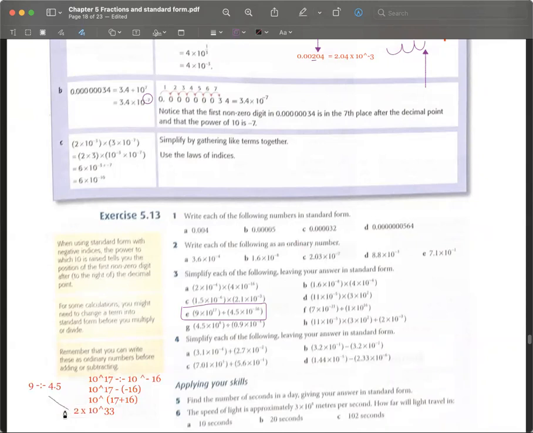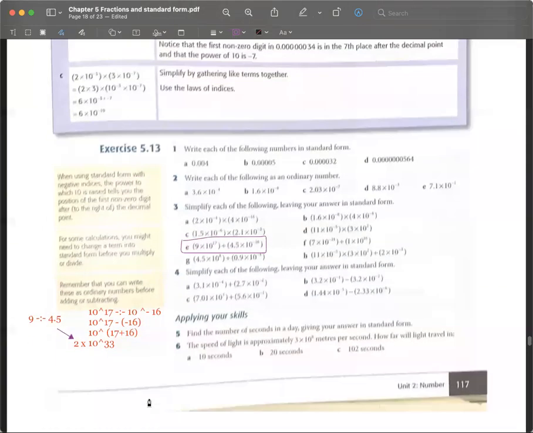Okay, this one comes here. Then if we are doing this one, we also need to make sure that it is the same. Since it's a minus, we need to make sure that the value is the same.